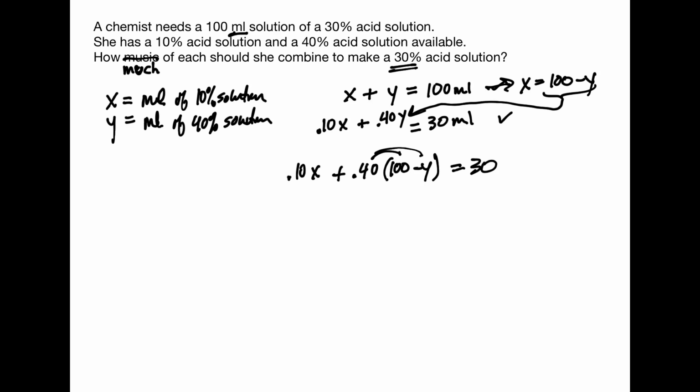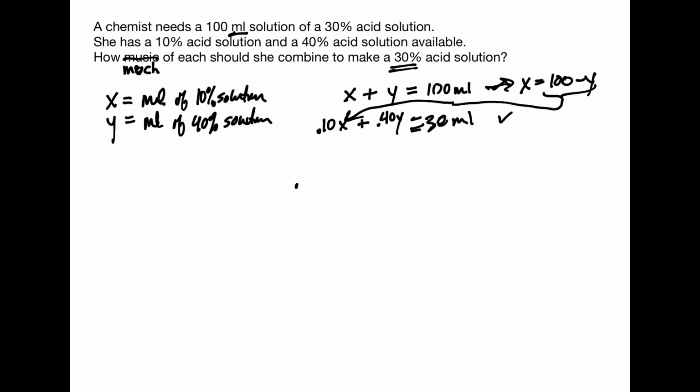Okay, let's take that back a little bit and put it into the right one. This was supposed to go in for X. So let's keep it going. So 0.10 times 100 minus Y plus 0.40 times Y equals 30. All right. I can tell I made a mistake there because I still had an X and a Y, so something was off there.